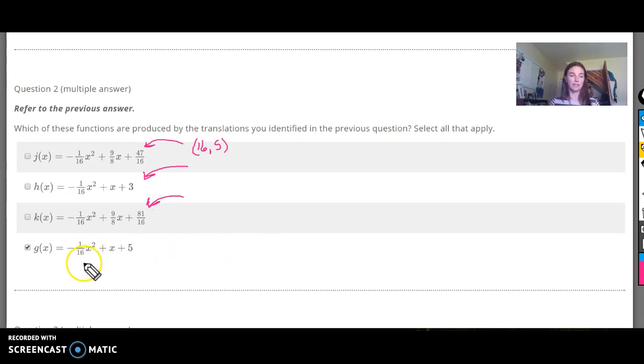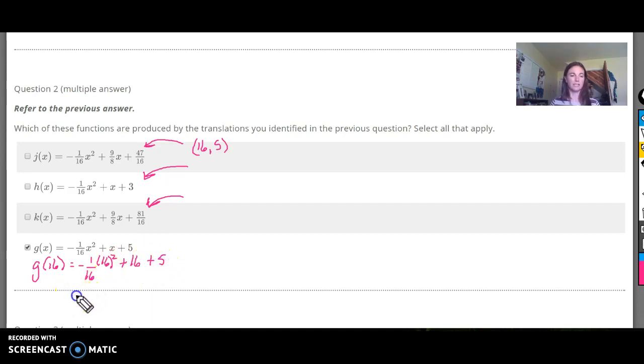I know I can with this one. If I plug in 16 for x in g of x, if I say g of 16, I get negative 1/16 times 16 squared plus 16 plus 5.